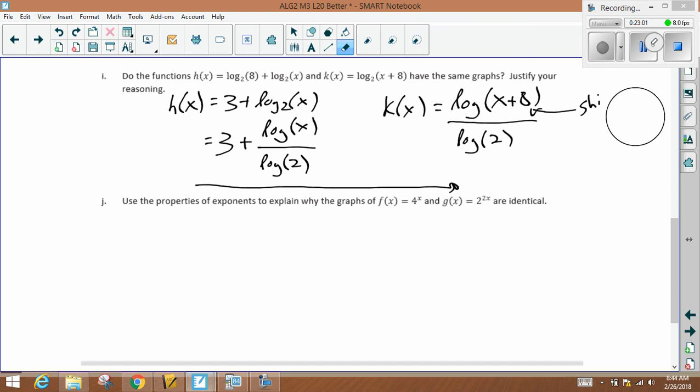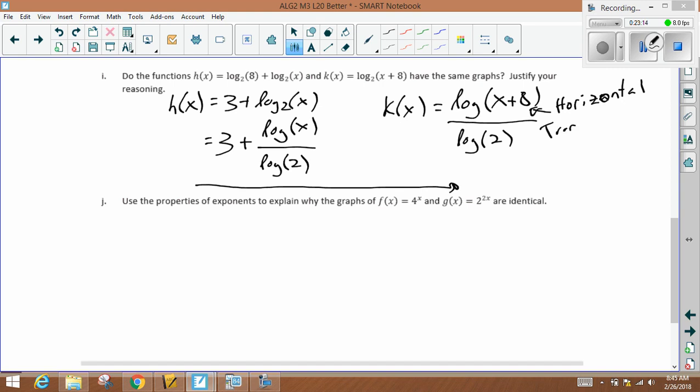Let's not call it a shift. I want to stick with the same terminology. We're going to call this a horizontal translation. Translation. We're going to go -8, right? Even though it says +8, it's going to be the opposite. It's going to be -8.